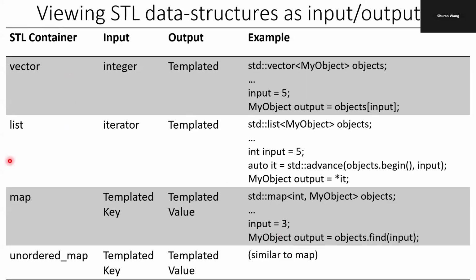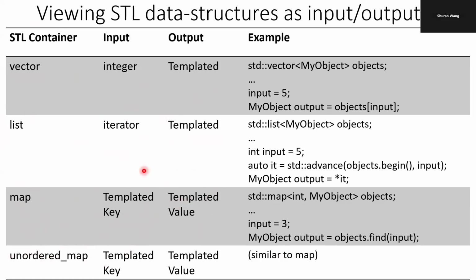Here are some of the STL data structures. The vector takes in an integer as index and outputs templated type. List uses iterators, outputs templated type. Map uses templated key, outputs templated value.